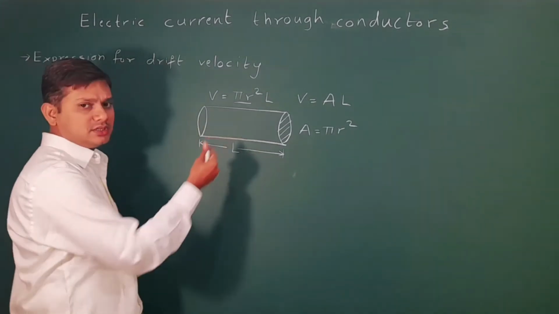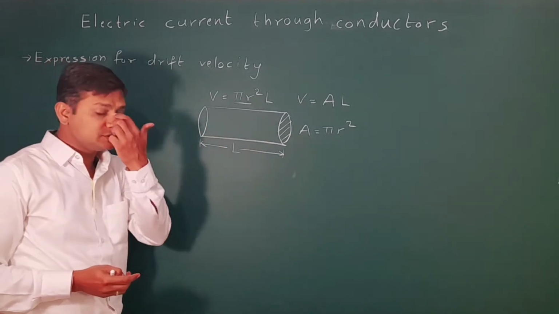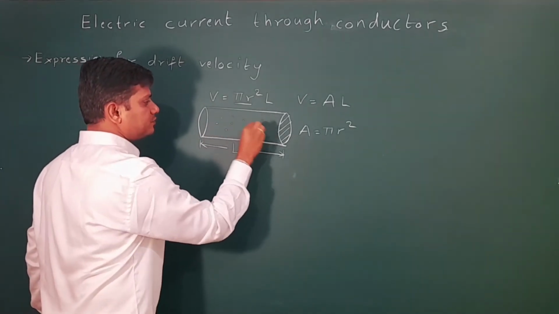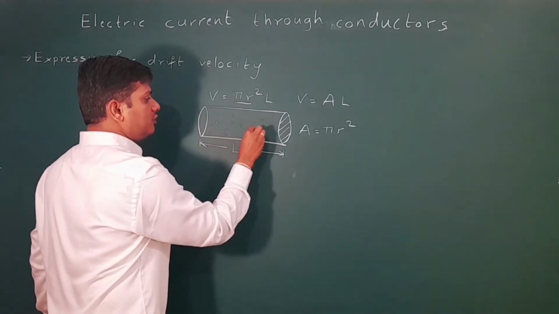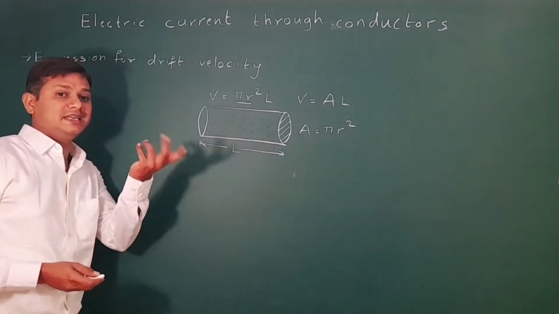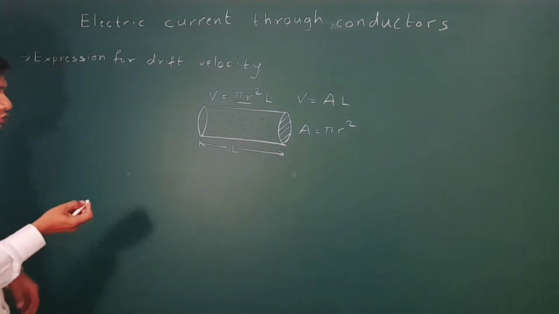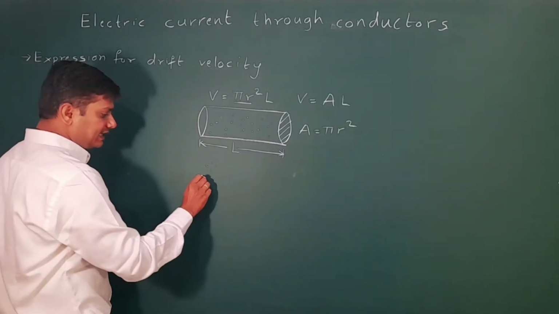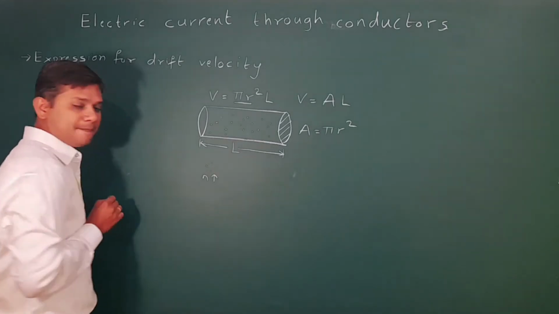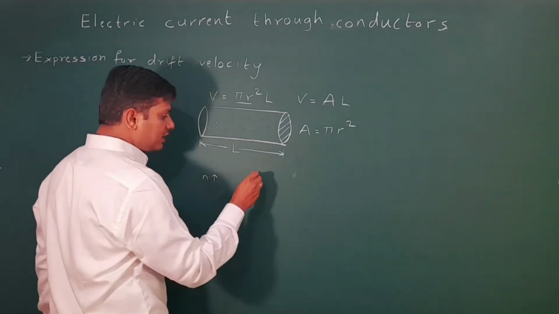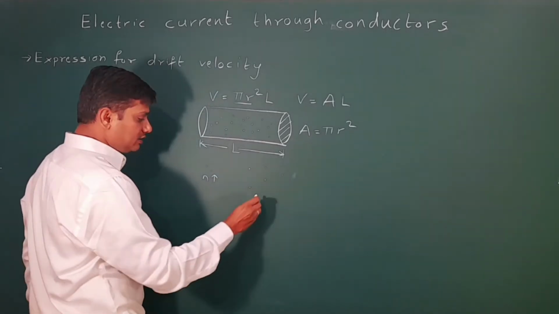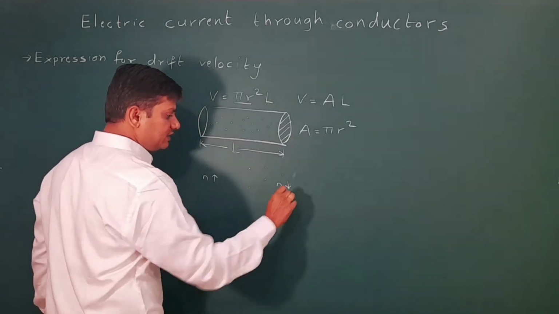Now this conductor contains millions and billions of free charges inside it. Now different conductors have different electron density. In few conductors, free electrons are very crowded, so the electron density is very high. Whereas there are few conductors where the free electrons are apart, so the electron density is less.